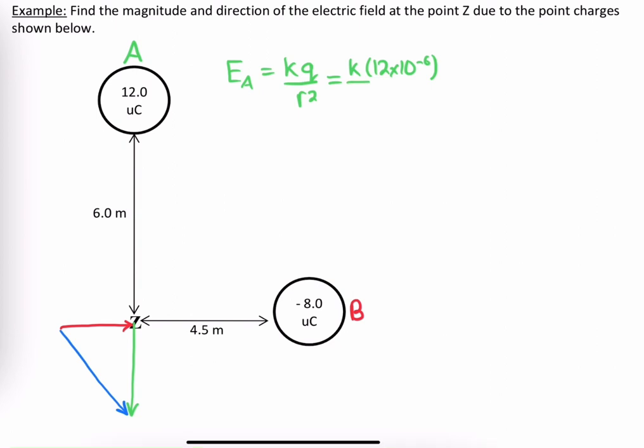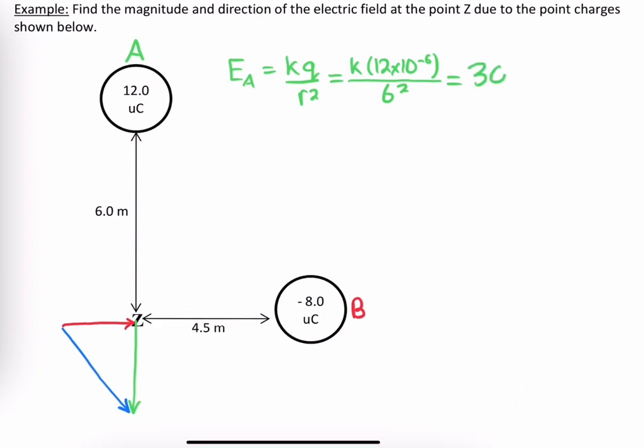And so when I'm at point Z, down here, the distance from charge A is 6 meters. This gives me a strength of 3,000 newtons per coulomb. So let's look at the electric field created by B.